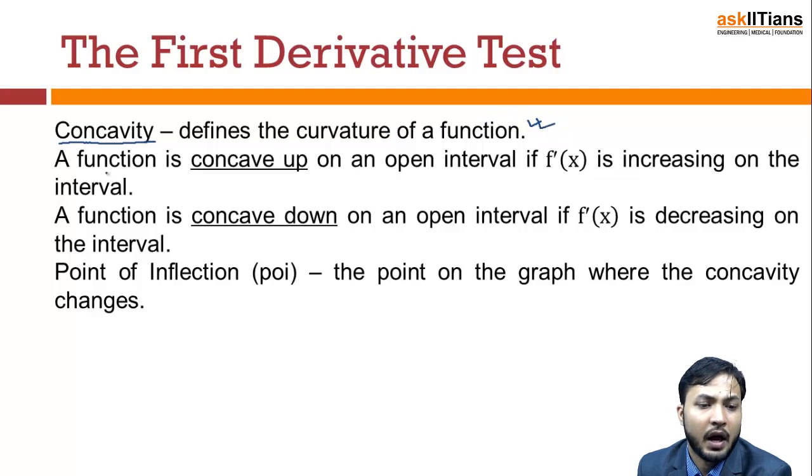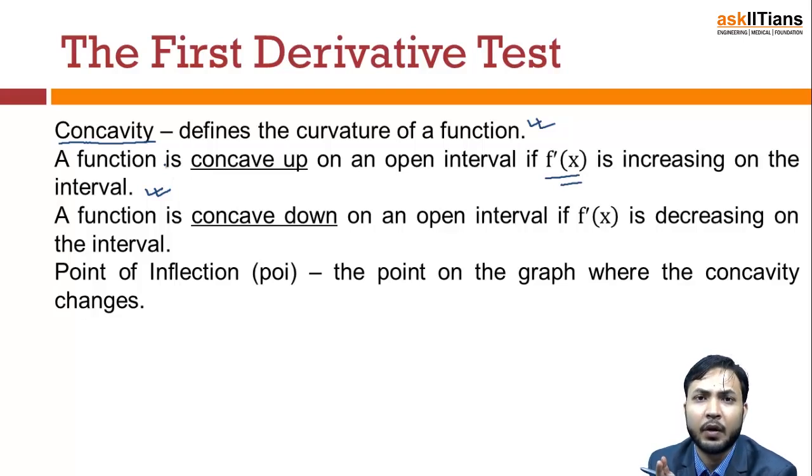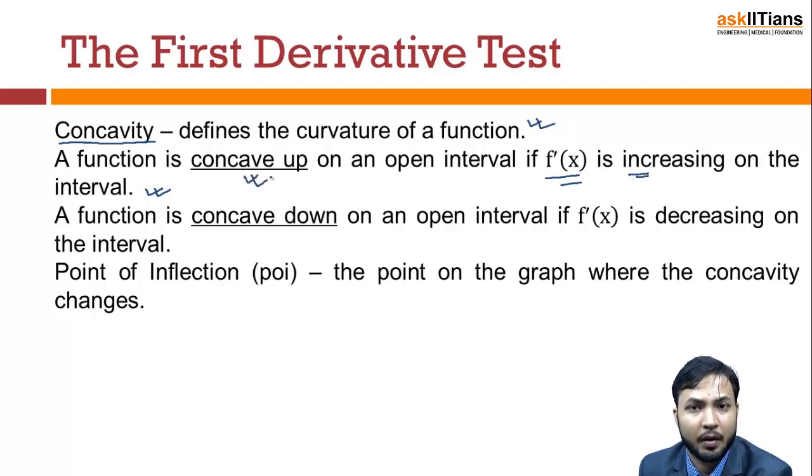A function is concave upwards on an open interval if my f dash x is increasing on that interval. Similarly, nothing different, we are just naming that particular local part or the interval with a particular name. If it is an increasing function, then it is concave upwards.